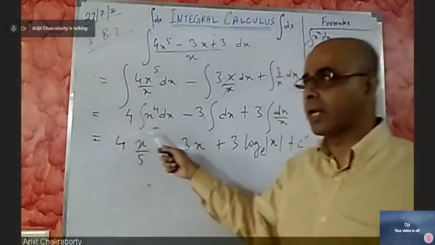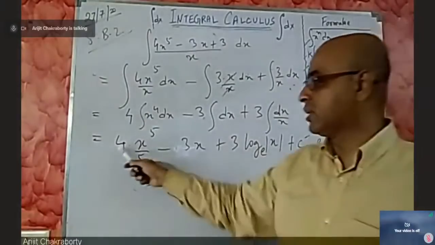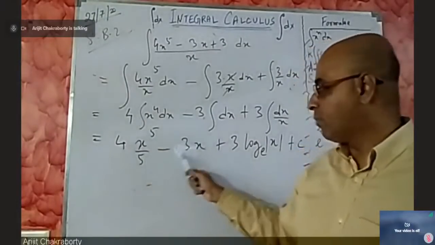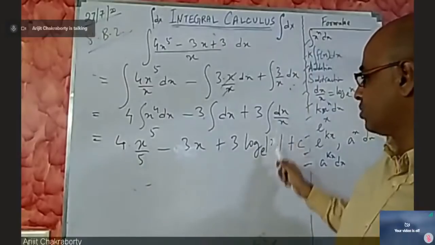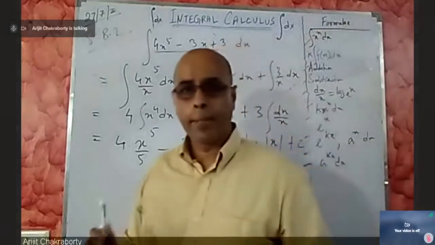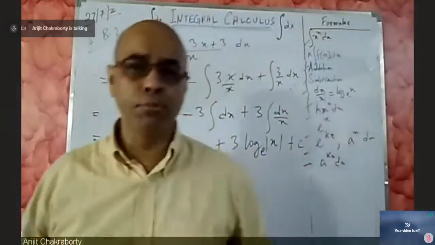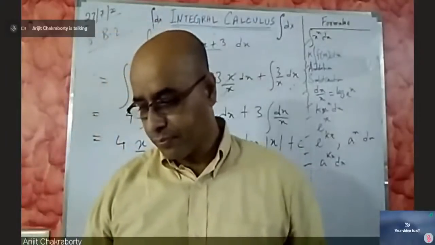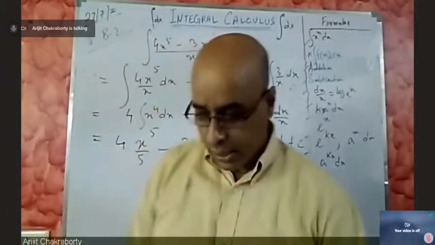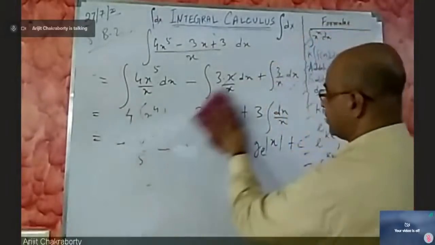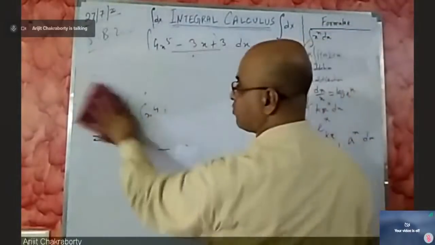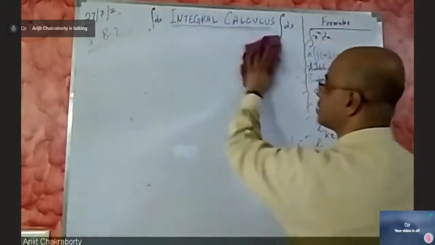By solving it directly, we have got 4 into x to the power 5 by 5 minus 3x plus 3 into log x plus c, by using the fundamental formula we have learned so far. Now we take another important formula. Not a problem, but a formula first, and then we shall see problems.